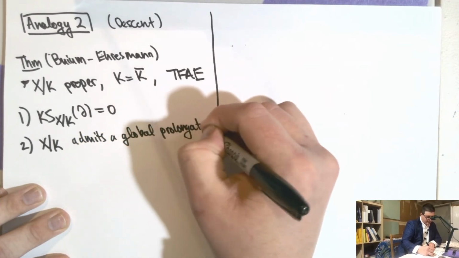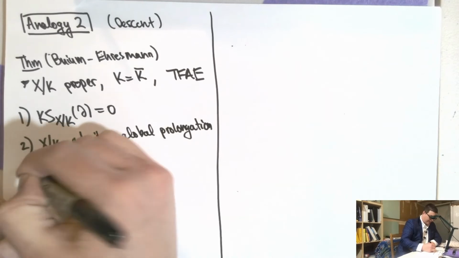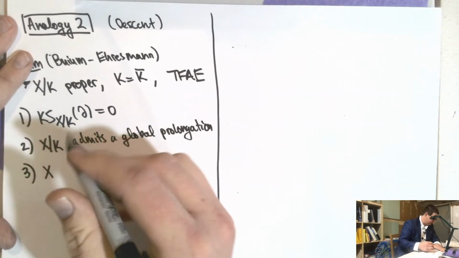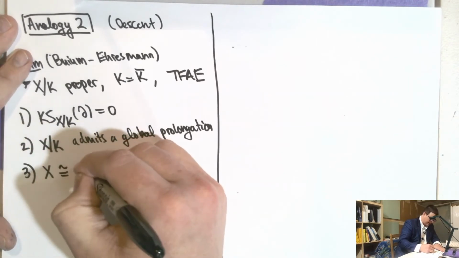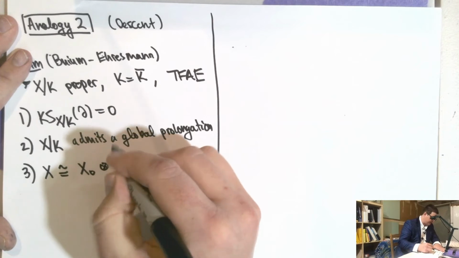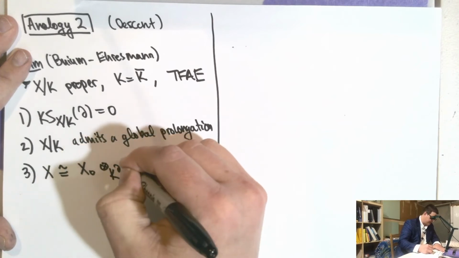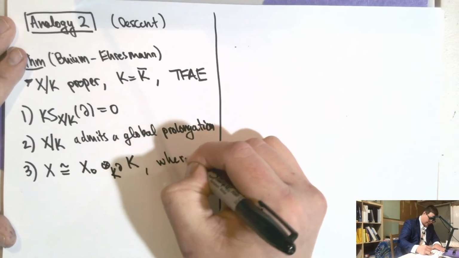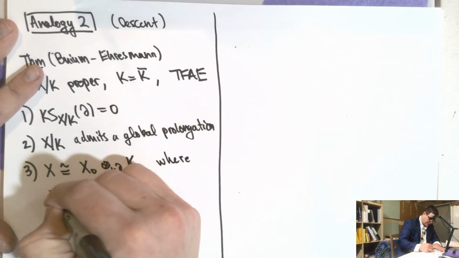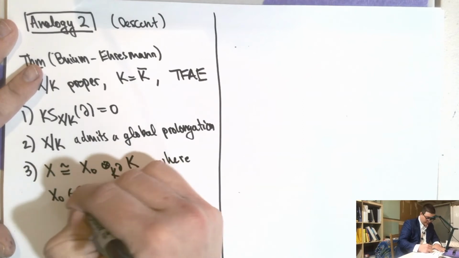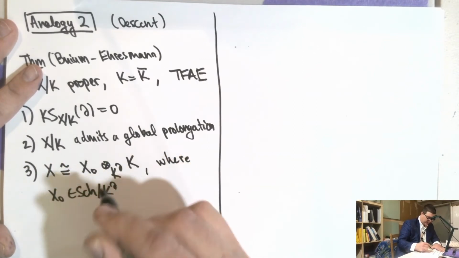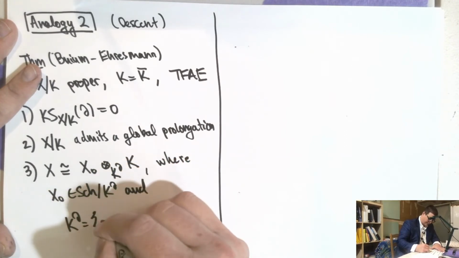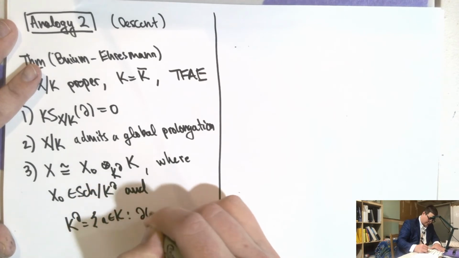We know those two from just torsor theory. And then 3 is that X is isomorphic to a base change of X_0, something defined over the constants, where X_0 is a scheme over K^delta, and K^delta is the set of a in K where delta a is equal to 0.